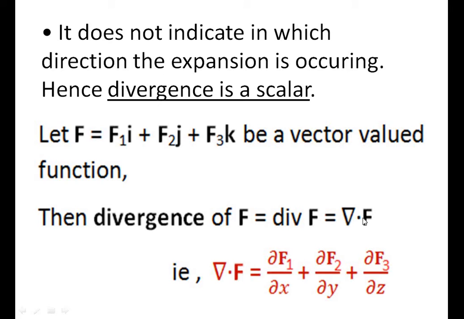Del is a vector and the vector valued function is also a vector, then taking the dot product gives a scalar, that is del dot F equal to dou by dou x f1 plus dou by dou y f2 plus dou by dou z f3, which is a scalar quantity.